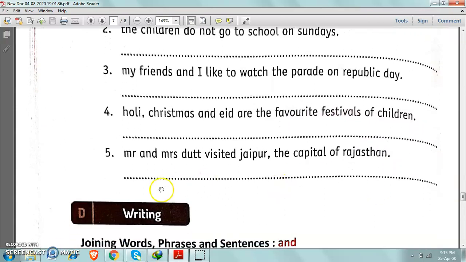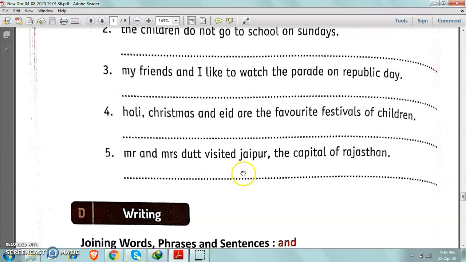Now next, Mr. and Mrs. Dutt. So Mr. we use before the name of a person. So you will write here M capital as it is the first letter of the sentence. So here also it is a name, Mrs. Dutt. So we will write capital M. Visited Jaipur. Jaipur is the name of a place and that place is specific, a special city.